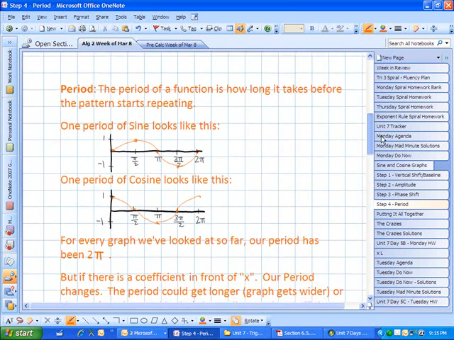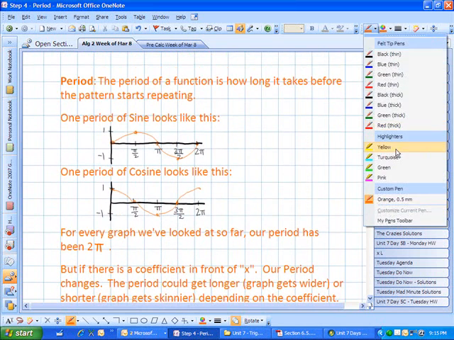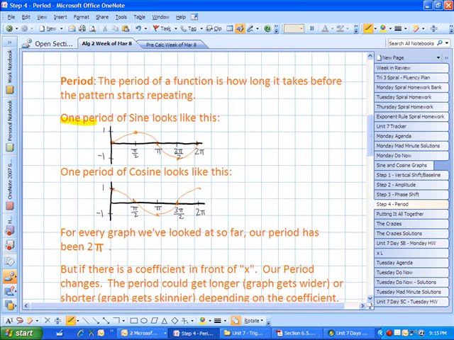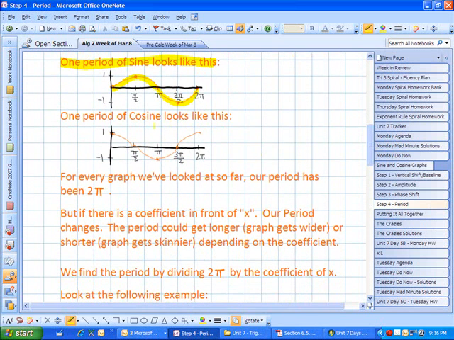So when you look at what a typical period looks like, one period of sine gives you the general shape: baseline, top, baseline, bottom, back to baseline. One period of cosine starts at the top, baseline, bottom, baseline, back to top.